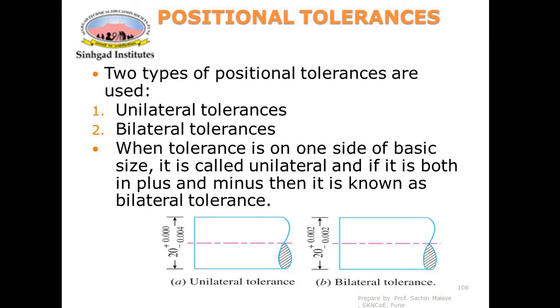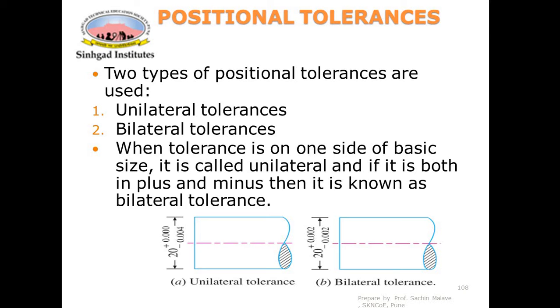So basically there are two types of positional tolerances. Tolerance, as we have seen yesterday, is nothing but the difference between the maximum size of the part and the minimum size of the part. The size of the part is going to vary between these two sizes only, and the difference between these two sizes, that is maximum size and minimum size, is called a tolerance.